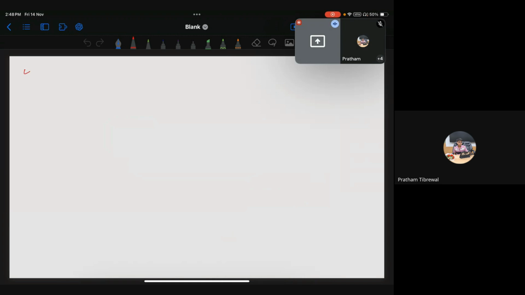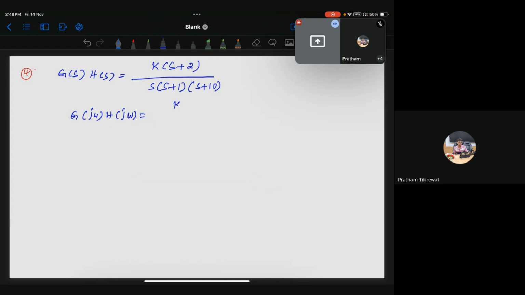So the fourth one. Let's say G(s)H(s) equals K times (s + 2) divided by s times (s + 1) times (s + 10). Same thing: G(j omega)H(j omega) is K times (j omega + 2) divided by j omega times (j omega + 1) times (j omega + 10).